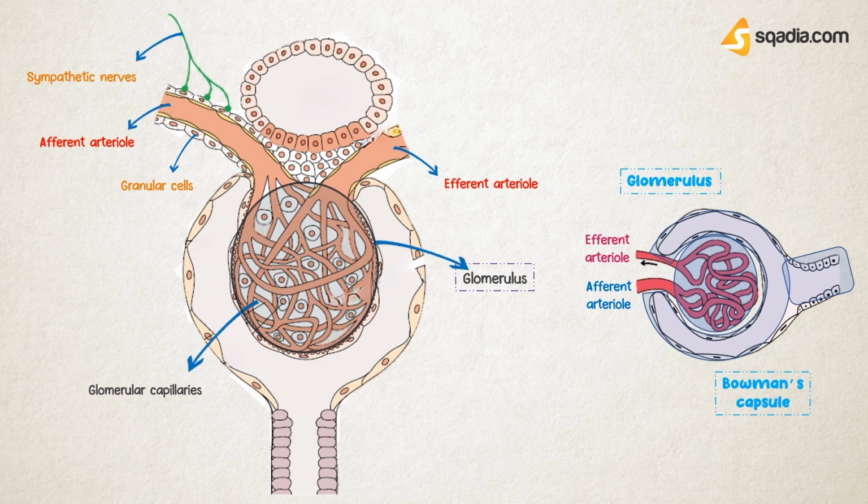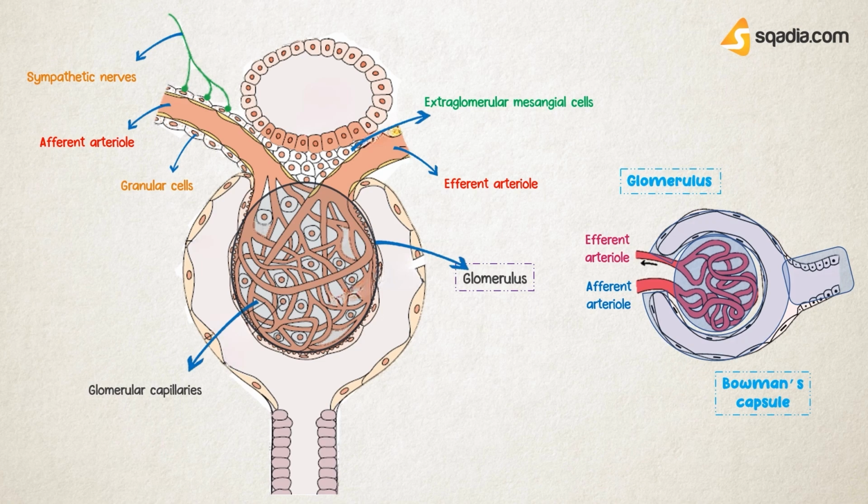Now the glomerulus is also interspersed with specialized cells called mesangial cells. These mesangial cells are either extraglomerular or intraglomerular based on their relative location to the glomerulus. These are the extraglomerular mesangial cells, and they are found between the afferent and efferent arterioles towards the vascular pole of the glomerulus.